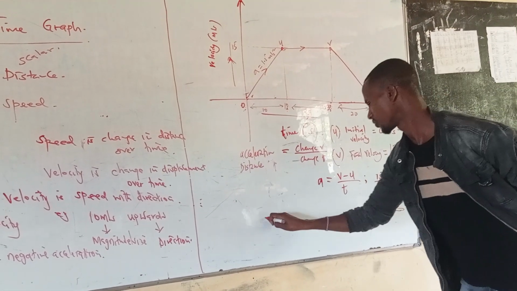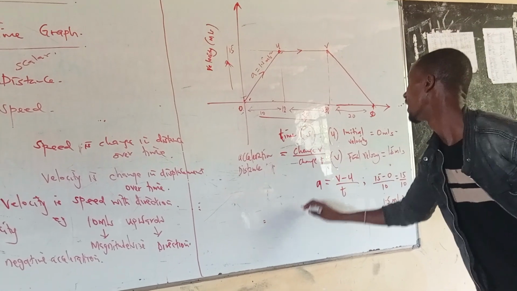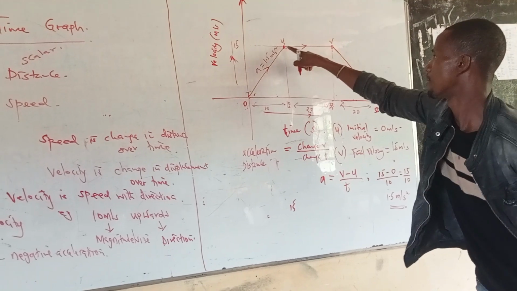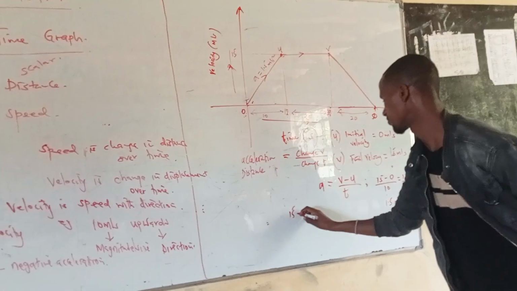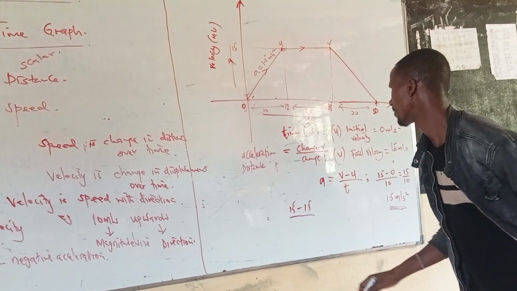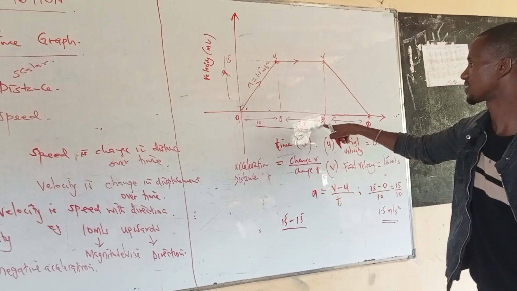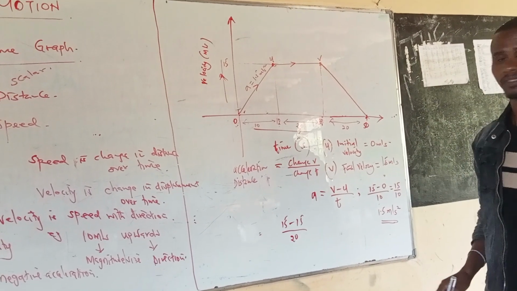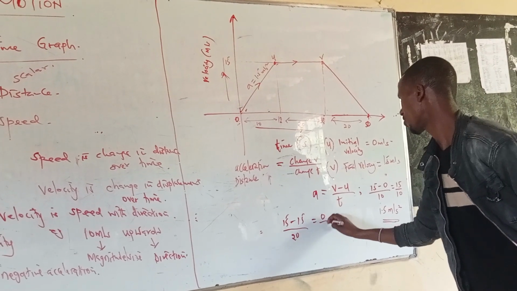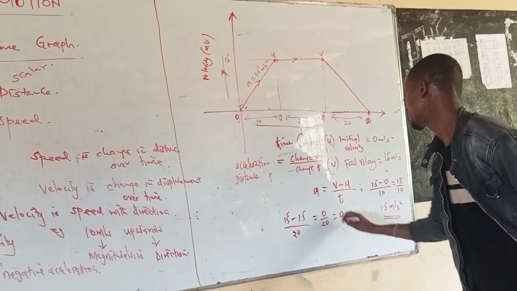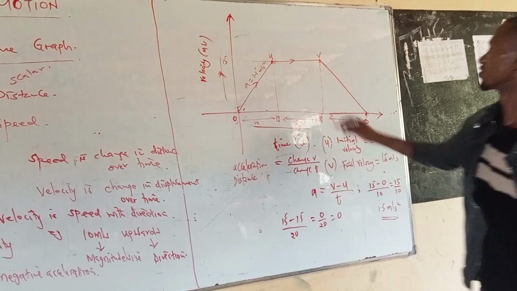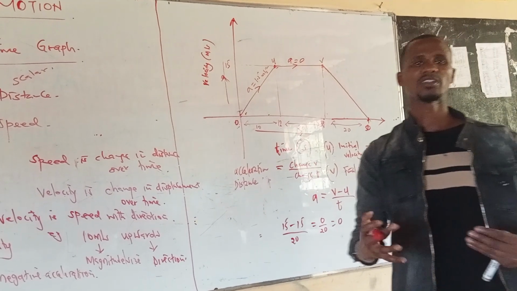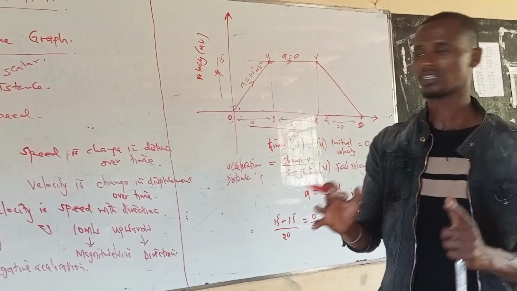So to get acceleration, we say this is 15, because it has not changed, minus our u, which is also 15, divided by the change in time, which is 30 minus 10, which is 20. So this gives us 0 over 20, which is 0. So acceleration here is 0, because the velocity is not changing, it remains constant.